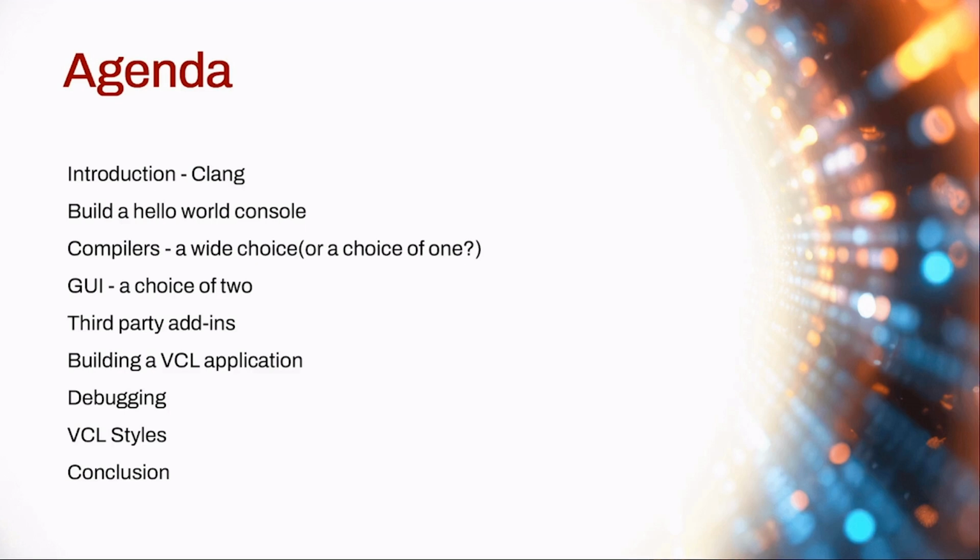We'll talk about different versions of compilers that Embarcadero currently issue with their tool, the way you work with GUI, graphical user interface frameworks, the convenience and the ease of adding third-party products to the Embarcadero development system, and also the wide range of third-party components that are available.